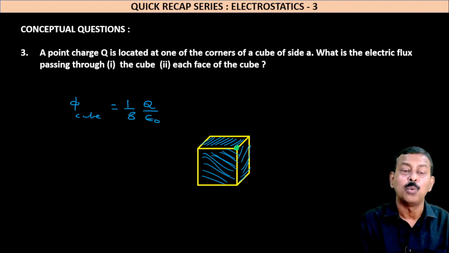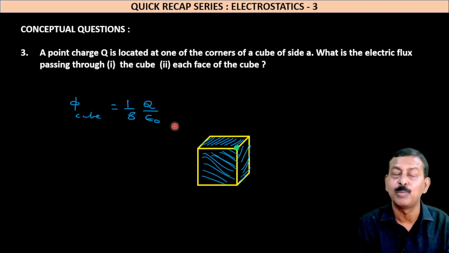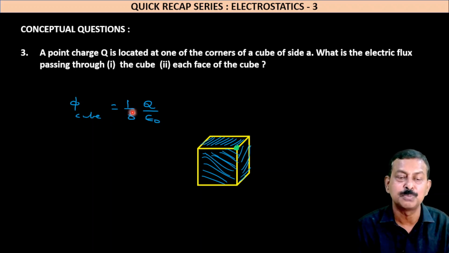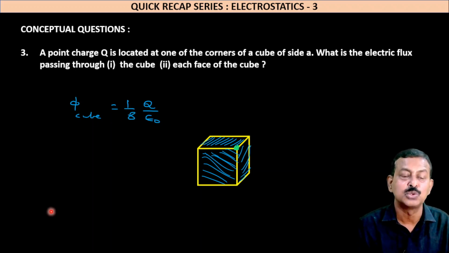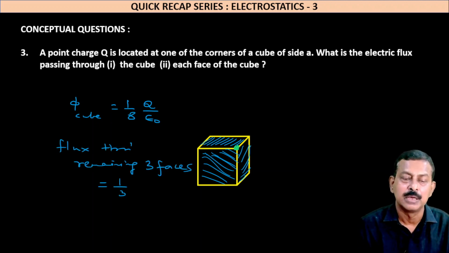So whatever flux we have taken here, 1/8 Q by epsilon naught, will pass through the remaining 3 faces. Through the remaining 3 faces, it will be 1/3 of this one.